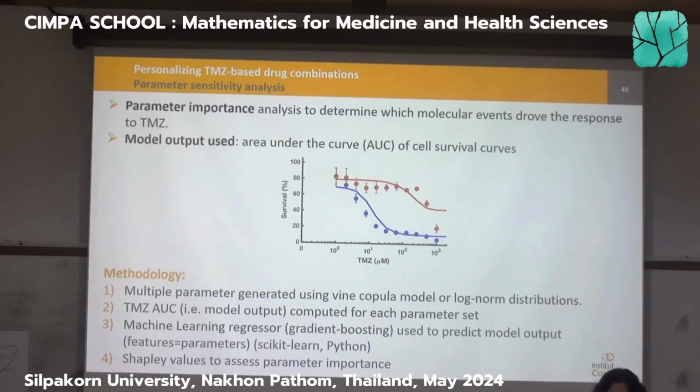You start by generating a lot of parameter sets using the very popular multivariable distribution that we just had for the correlation study. Then for each parameter set, you run your mathematical model and you compute this AUC of temozolomide. Then we are going to use machine learning regressors. In that case, it's gradient boosting.